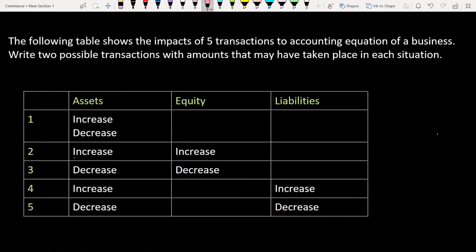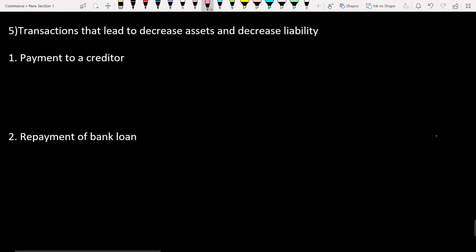Okay, the last situation is assets decrease and liabilities also decrease. This is the exact opposite of the fourth one. Now, what are the possible transactions here? We can take the opposite transactions of the fourth situation.